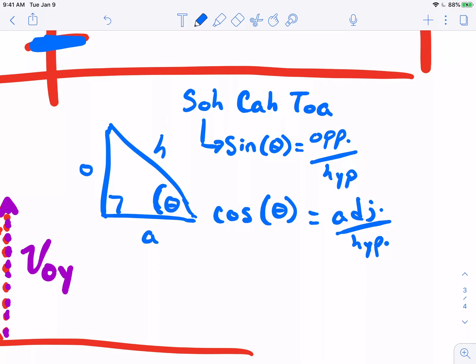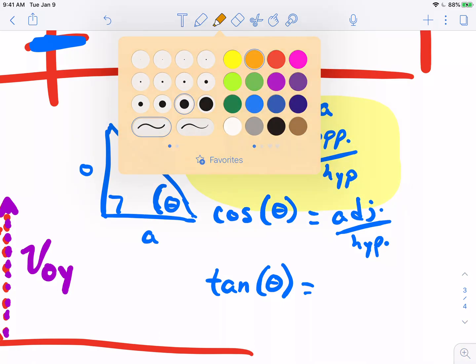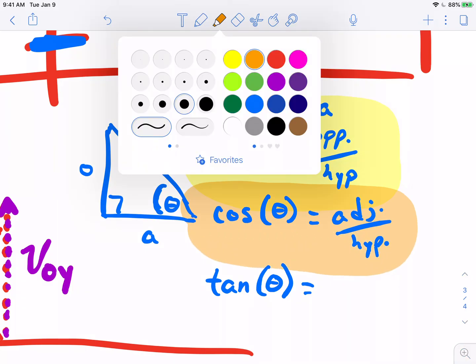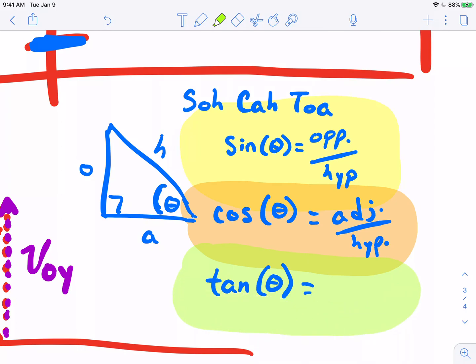And then tangent, you guessed it, abbreviated TAN, so tan, spends all its time in the sun. Tangent is going to give us that. There's one combination we haven't seen yet, okay? We've got the opposite on the hypotenuse, and we've got the adjacent on the hypotenuse. And then we need something without hypotenuse in it. We need opposite and adjacent. TOA.